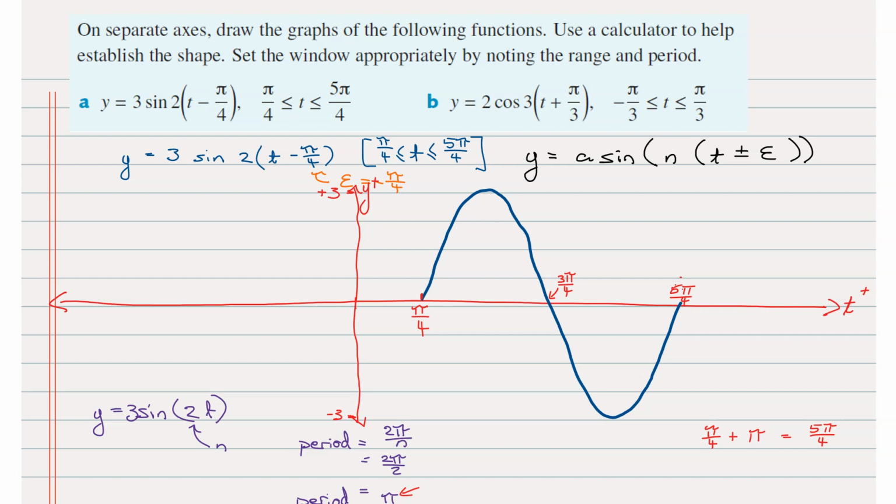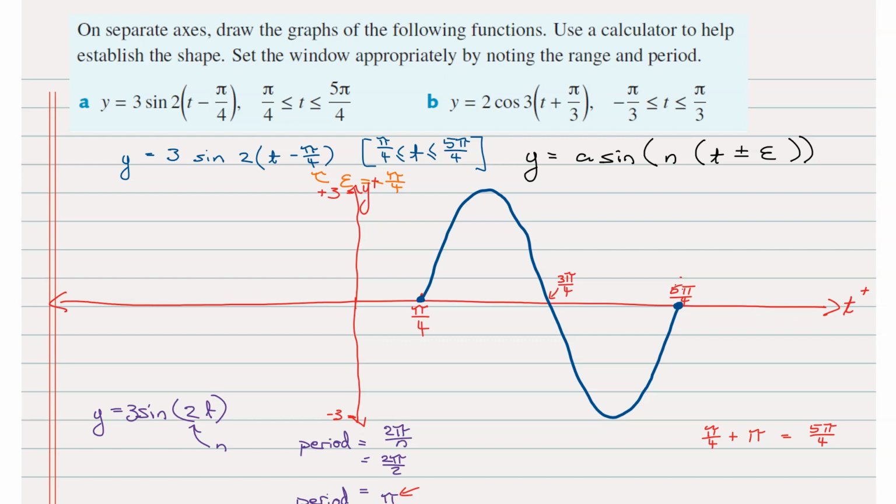To finish it off, I'll draw filled-in circles on the points pi on 4 and 5 pi on 4. That represents that this graph starts at pi on 4, so it touches the point, and then finishes at 5 pi on 4 on the t-axis.